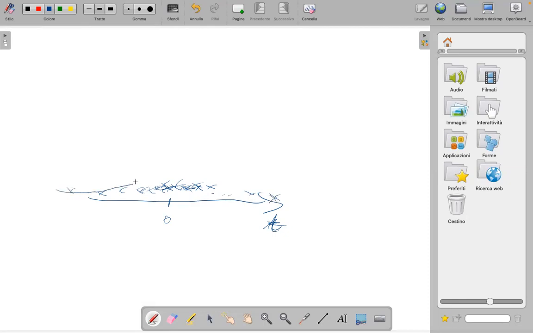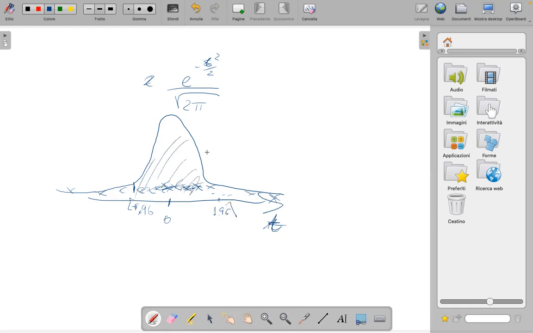If we plot the histogram, we would see a bell shape, like the exponential of minus t squared divided by 2. If we take the interval minus 1.96 and 1.96, here we find 95% of the total area.